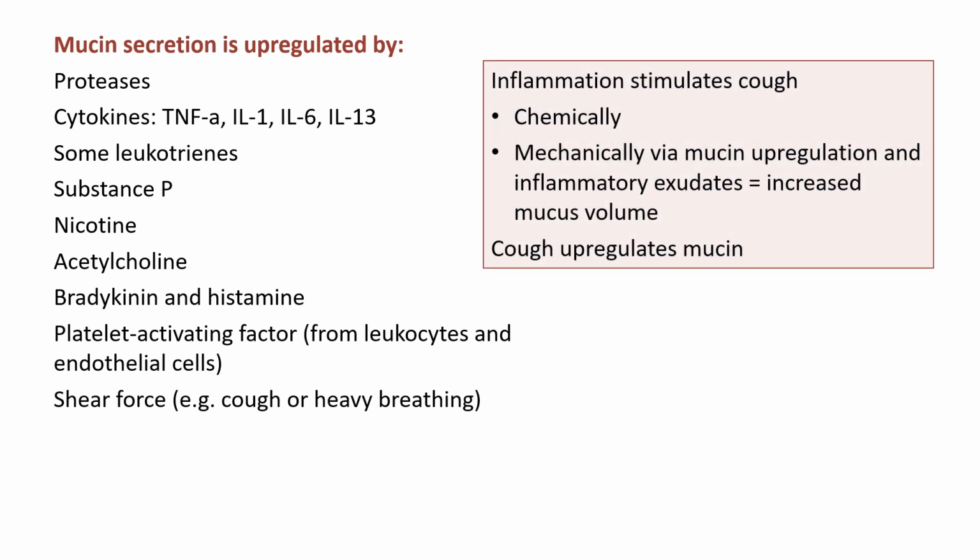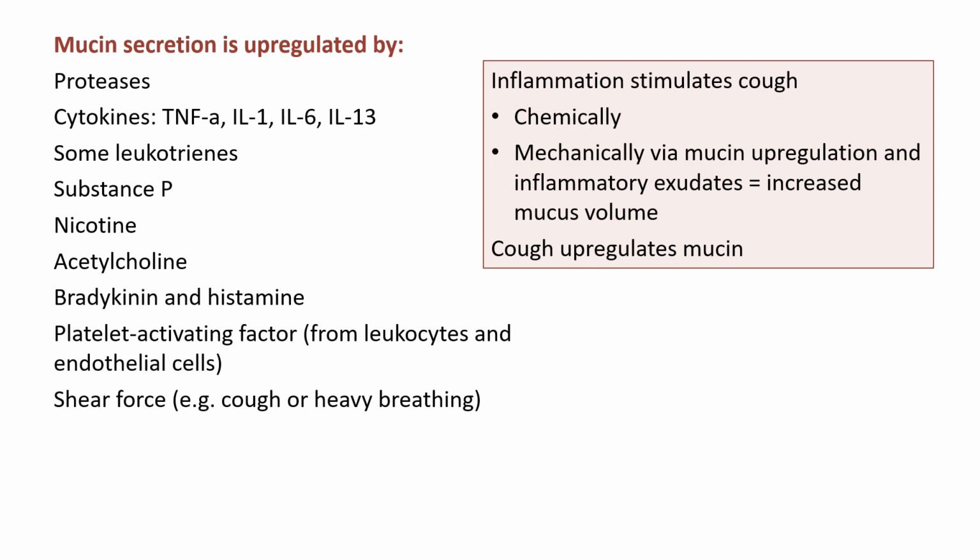So we've got this bit of a cycle going on again. Inflammation stimulates cough chemically via those mediators, but also mechanically via mucin upregulation and inflammatory exudates. Both of these, of course, are going to increase mucus volume. The more mucus we have, then the more we're going to stimulate the mechanosensitive cough receptors.